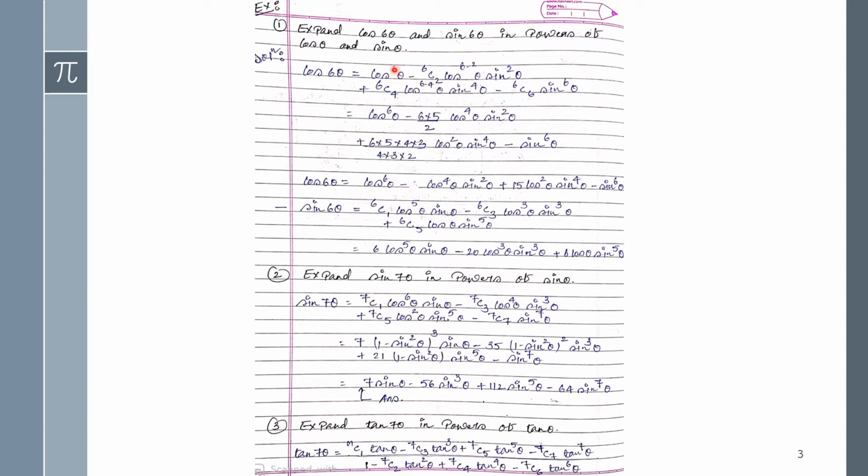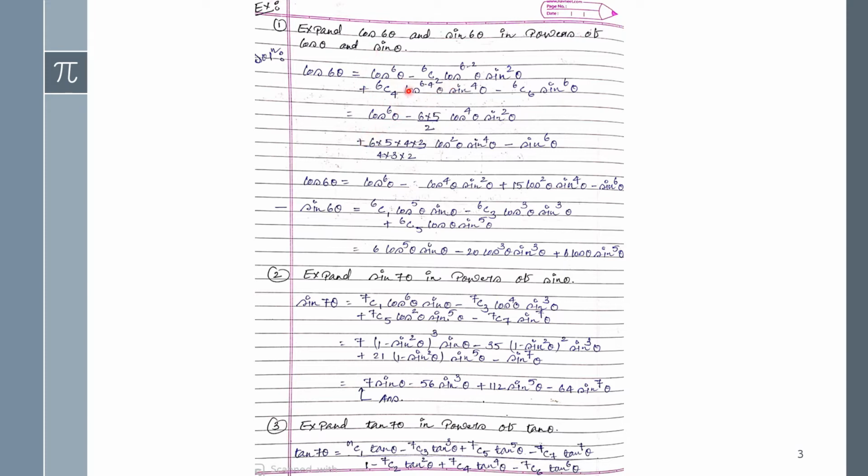Okay, now you have to just simplify the terms, and I think you know the values of nC0, nC1, nC2, etc. To solve this example it is necessary to understand what nC1 and nC2 are, and you have studied this in 11th standard.